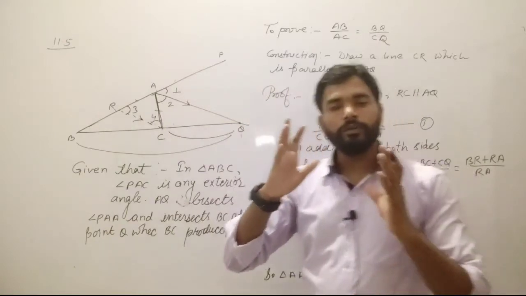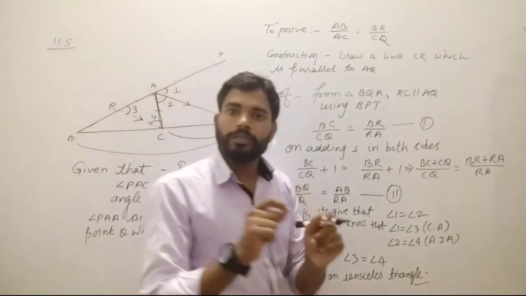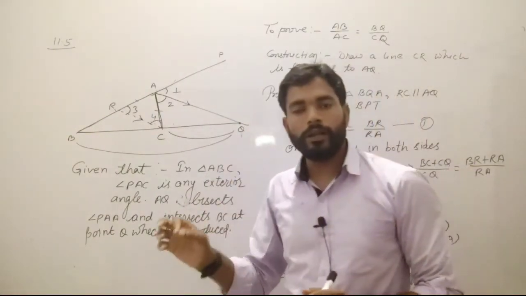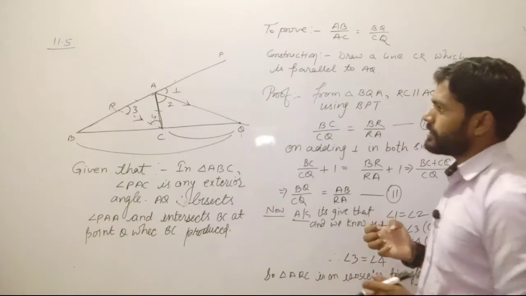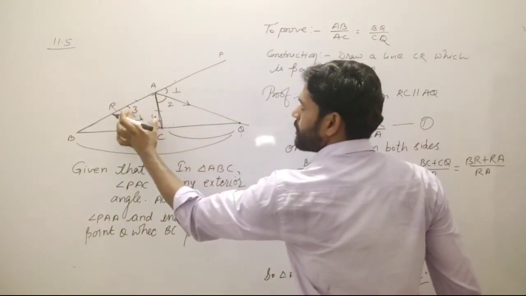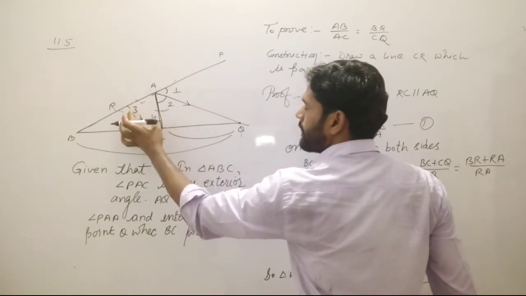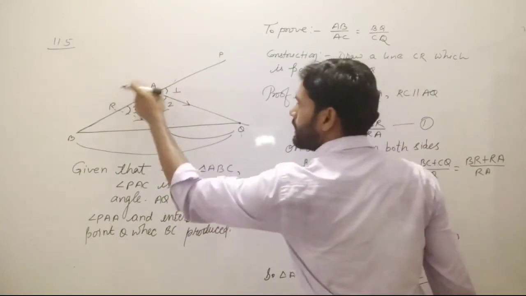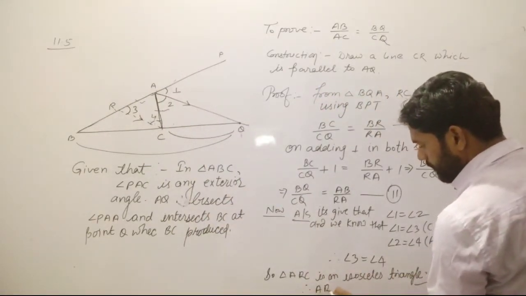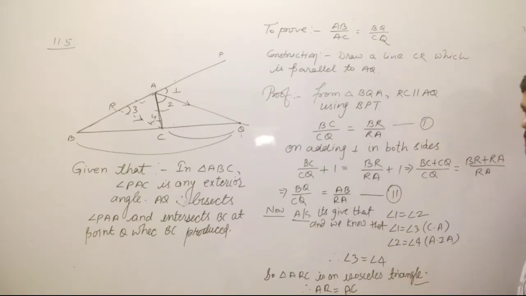Then according to the property of isosceles triangle, we know very well that the opposite sides of equal angles are equal in an isosceles triangle. These two sides are opposite to angle 3 and angle 4. It means side AR is equals to AC.